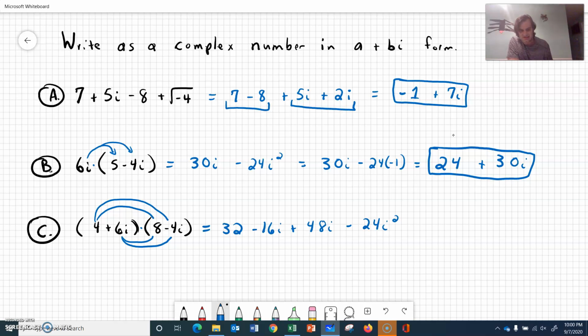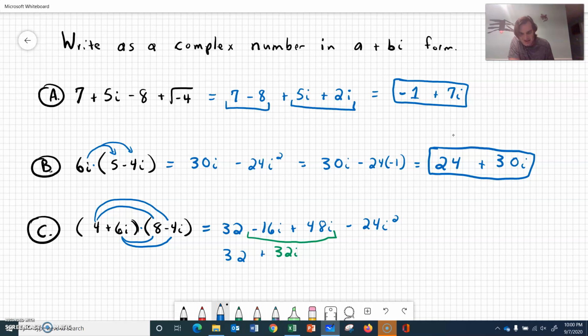So let's see here, as we clean this up, we can combine the i parts, the negative 16i and the 48i, that will be 32i. And then what we have out front is still 32.